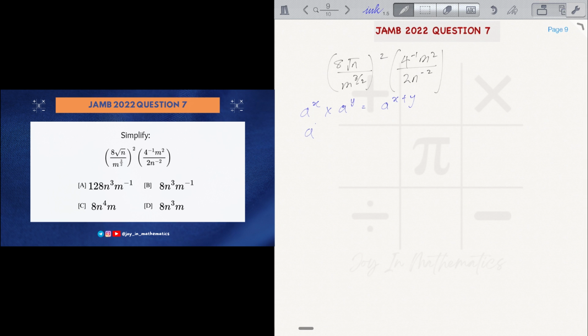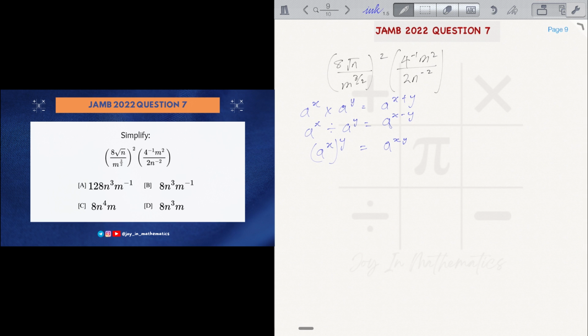Similarly, a raised to the power of x divided by a raised to the power of y, the result will be a raised to the power of x minus y. If you have a raised to the power of x all raised to the power of y, the result will be a raised to the power of xy. These are the laws of indices.